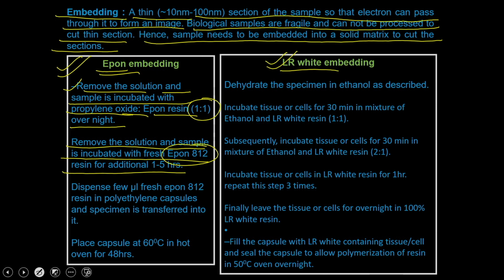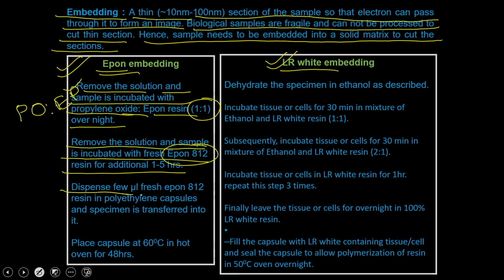So, what you see here is that you are adding the propylene oxide and Epon resin mixture. Very slowly we have removed the propylene oxide and added the Epon resin, and that has now changed.